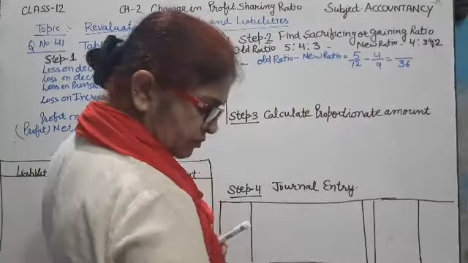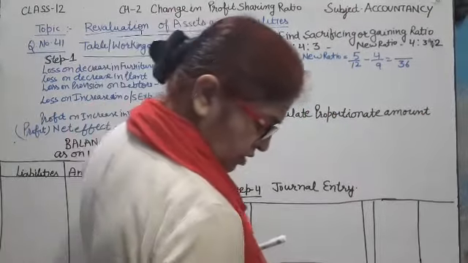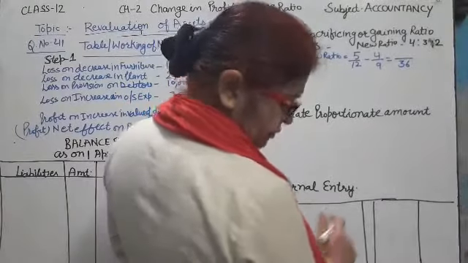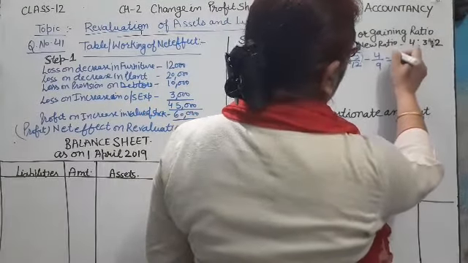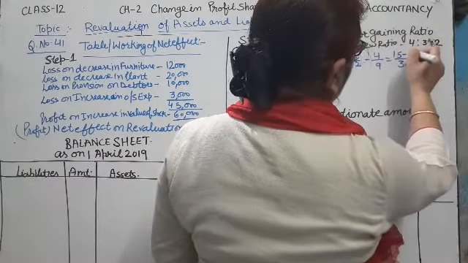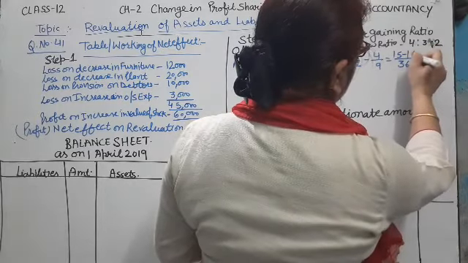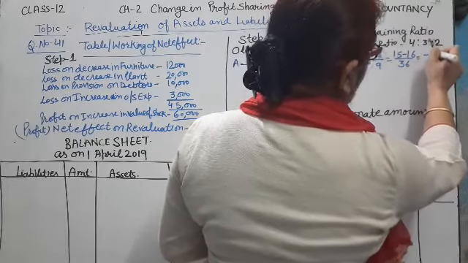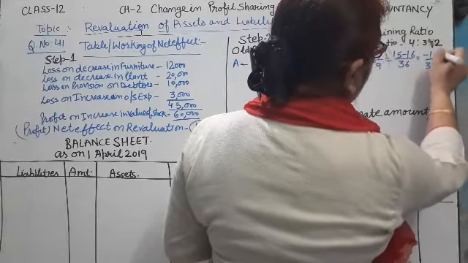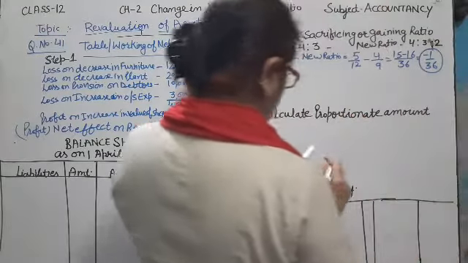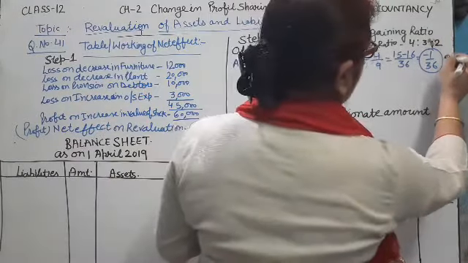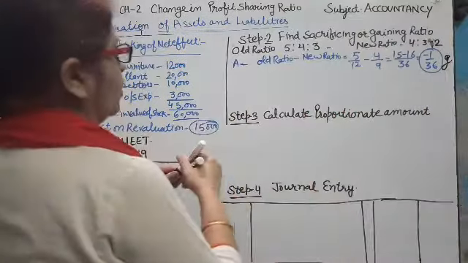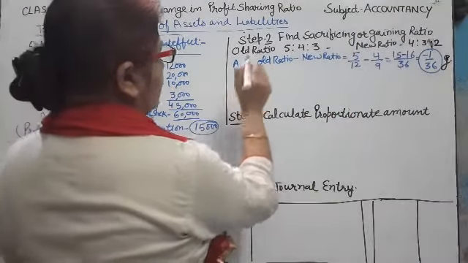That means answer is negative, and this A partner gained. And now turn is B partner.